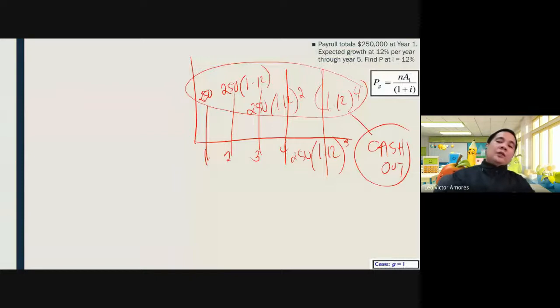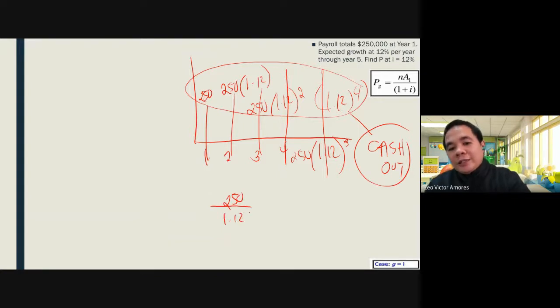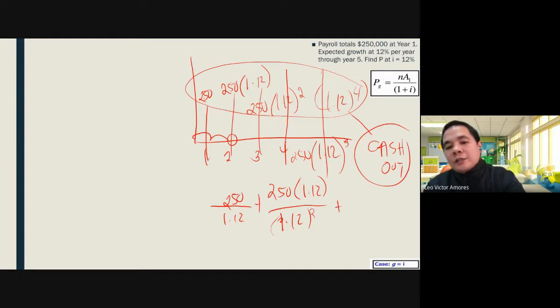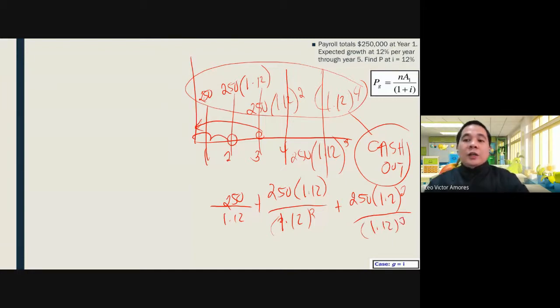But if you get the present value, this is basically 250 divided by 1.12, the interest, plus 250 times 1.12 divided by 1.12 to the exponent 2 for the second year, plus 250 times 1.12 to the exponent 2 divided by 1.12 to the exponent 3. So that is the equation.